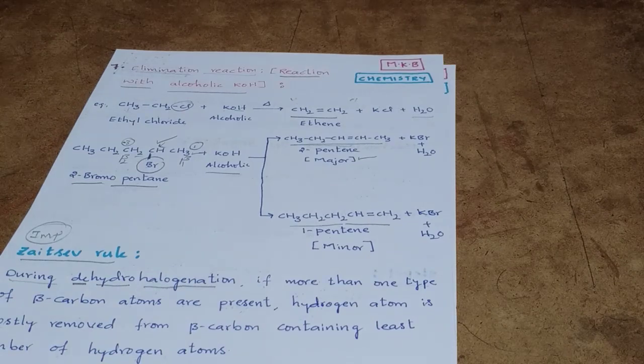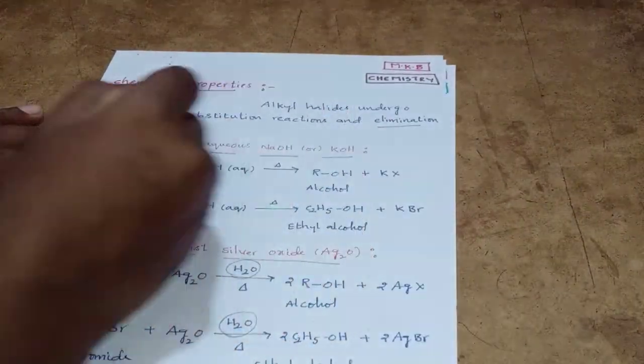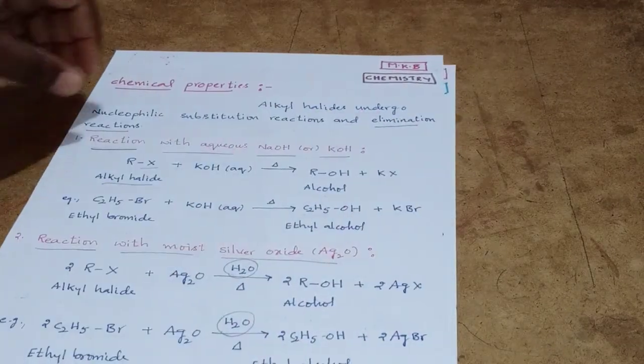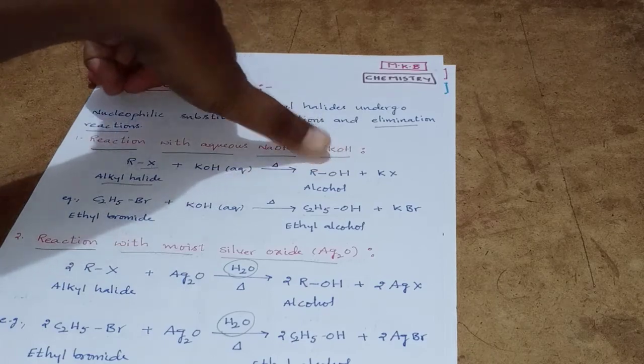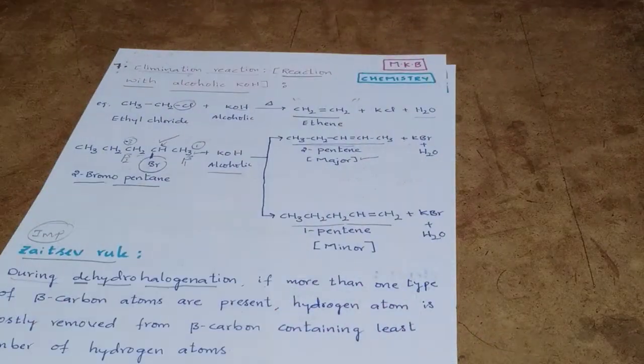I will glance once again here. Chemical properties. The alkyl halides undergo nucleophilic substitution reactions and elimination reactions. The first one is reaction with sodium hydroxide, where we'll get alcohol. With moist silver oxide, again we get alcohol.